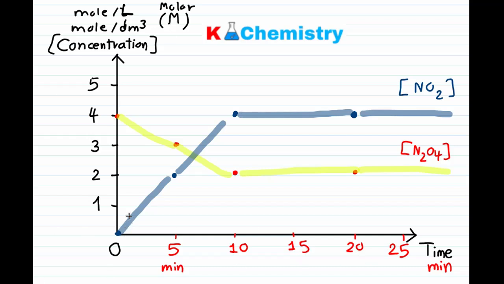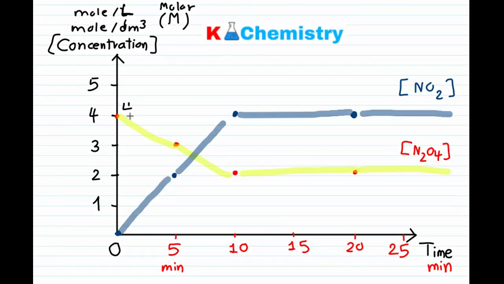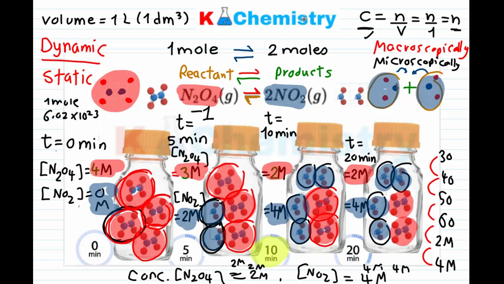The concentration of N2O4 at time 0 is equal to 4 molar, as we see here, 4 and then 3 and then 2 and 2. While the concentration of NO2 was 0 at the beginning of the reaction.